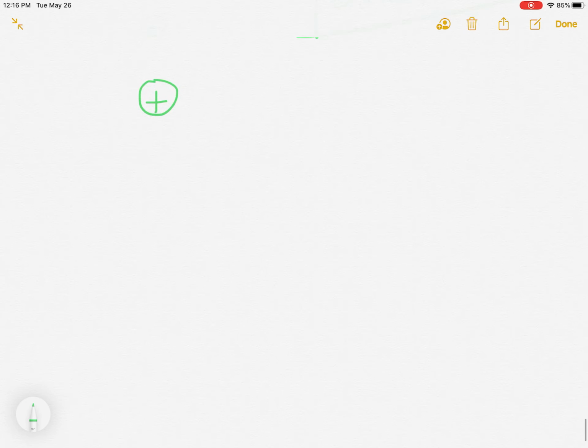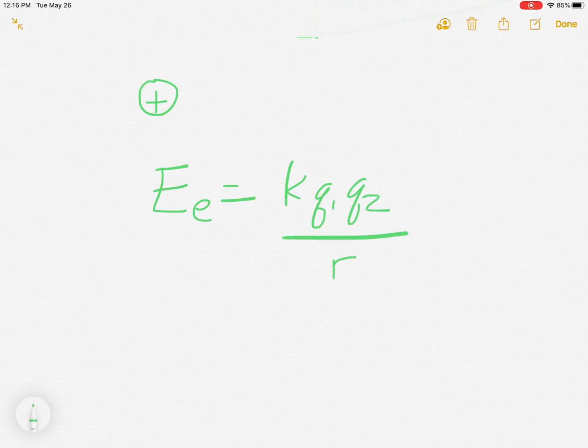All right, so far, all we really have to worry about is our new formula, electrical energy, k Q1 Q2 over R. And this energy could be positive or negative, which basically means it's either added or subtracted, depending on whether you're trying to move two similar charges or two opposite charges.